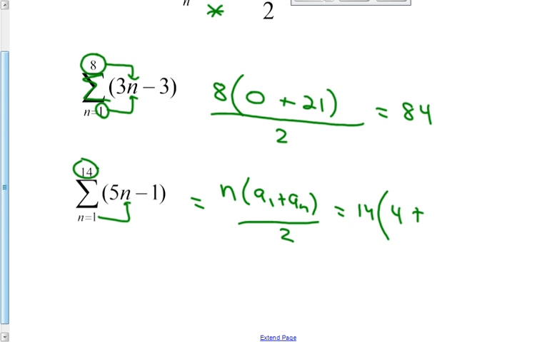Plus, take 14 and plug it right there. 5 times 14, subtract 1, 69. And the whole thing divides by 2. Hopefully you will get 511.